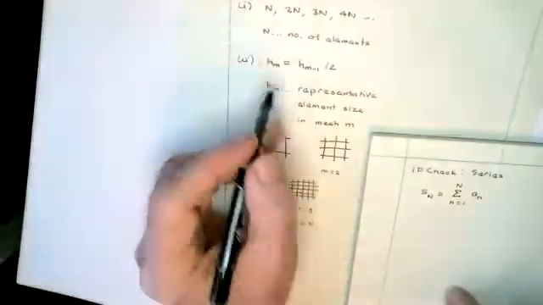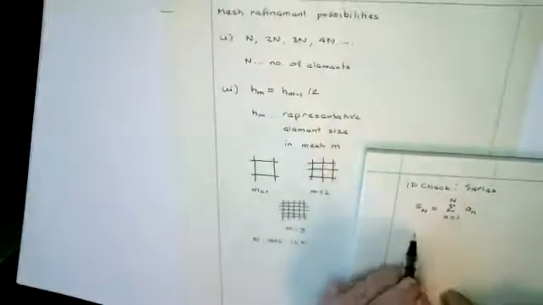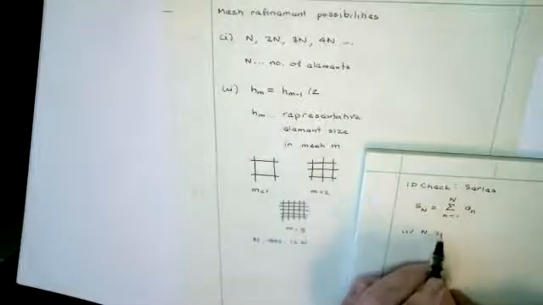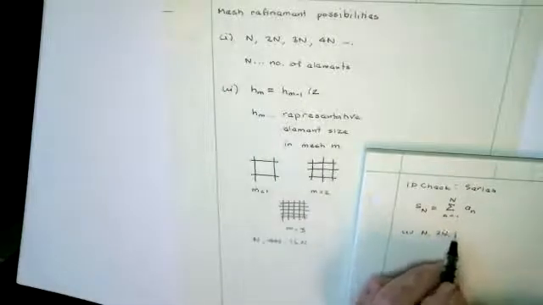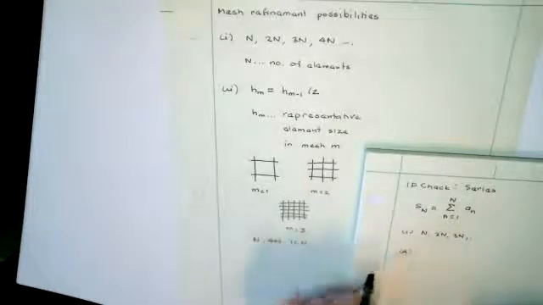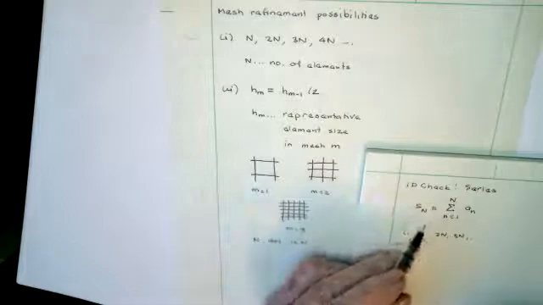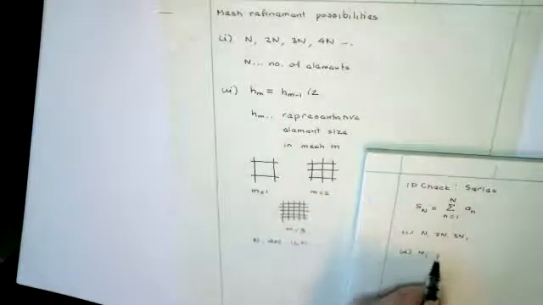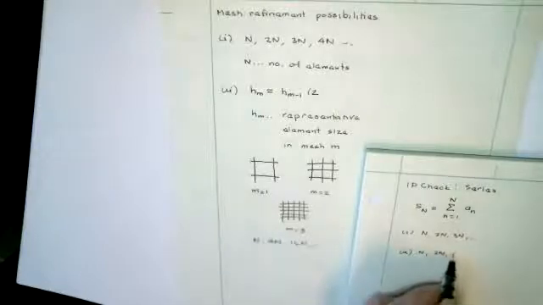And then for 1, this is just 1D, you would have n, 2n, 3n, and so on. But for 2, you'd be halving a mesh size, but it's only a 1D problem, so it would go n, 2n, 4n.